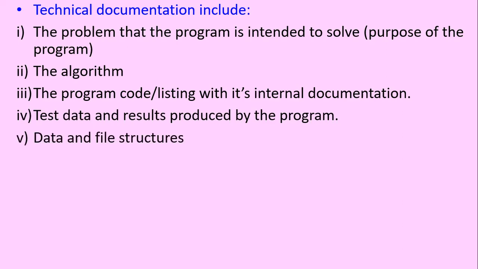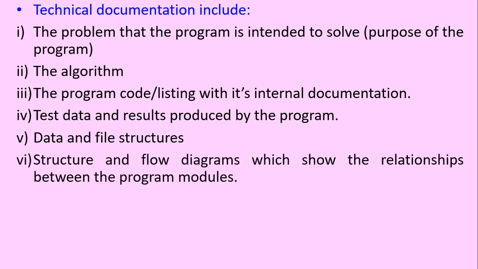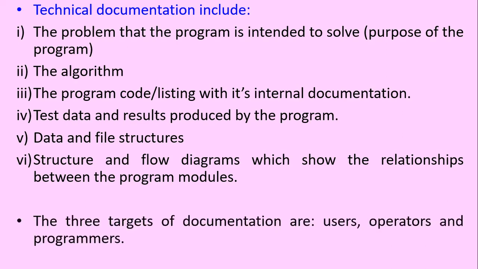Number 5 is data and file structures. Number 6 is the structure and flow diagrams which show the relationships between the program modules. So the 3 targets of documentation are users, operators, and programmers.